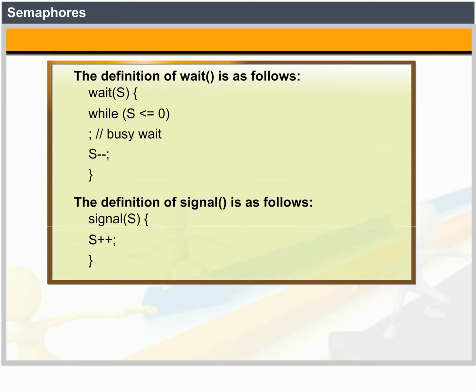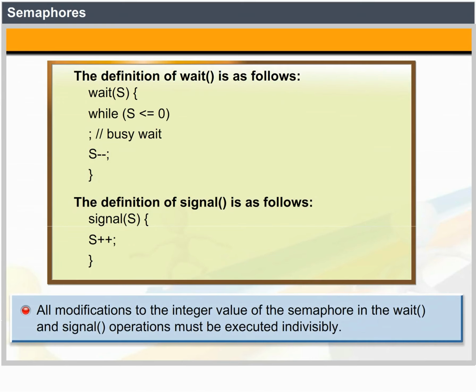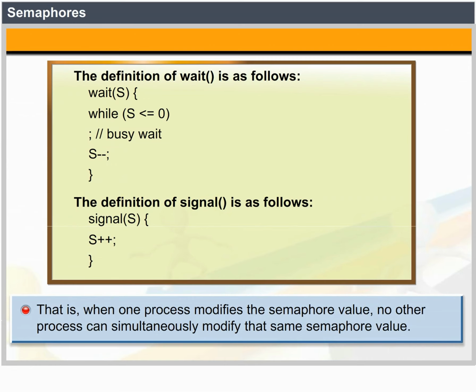All modifications to the integer value of the semaphore in the wait function and signal function operations must be executed indivisibly. That is, when one process modifies the semaphore value, no other process can simultaneously modify that same semaphore value.